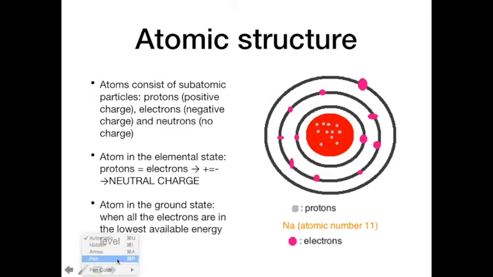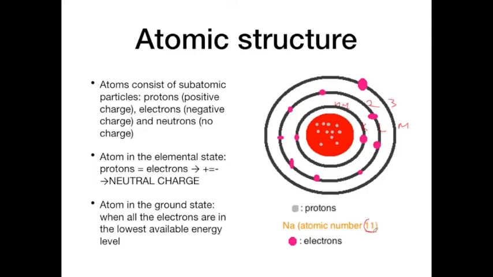He said that the first one is n equal to 1. The second one is 2, then 3, and he gave them letters. This is the K, this is the L, this is the M. So we can see we have the sodium atom with 11.